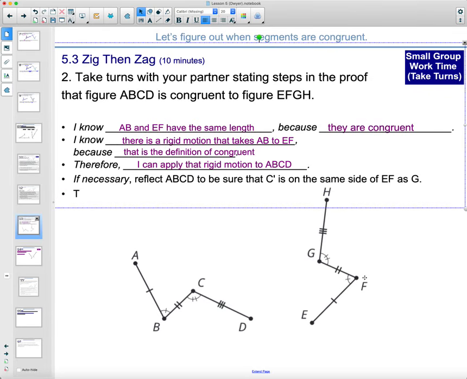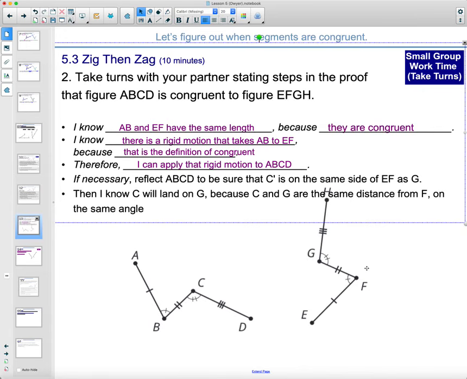Okay, then what else do you know? So then you know C will land on G because C and G are the same distance from F on the same angle.